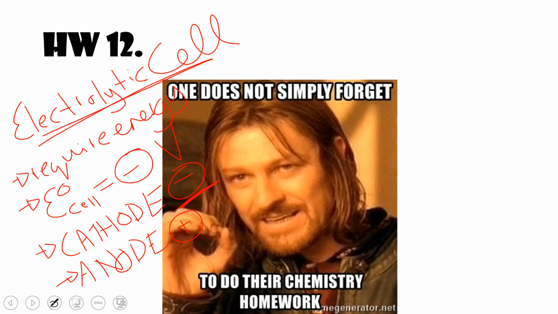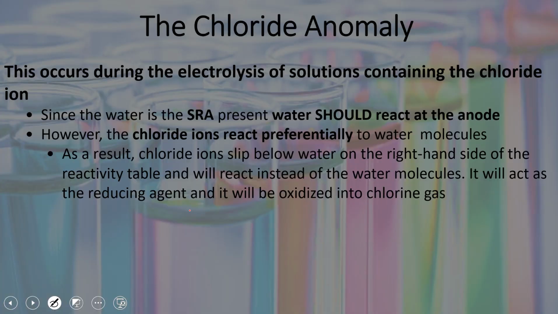So we're going to go look at some applications of this. The first thing you need to know here, if you're following along in the notes, is what's called the chloride anomaly. This occurs in the electrolysis of solutions containing the chloride ion. And so what does electrolysis mean? An electrolytic cell requires what?